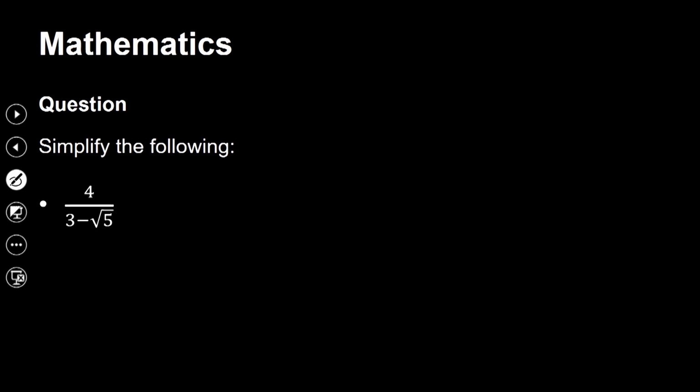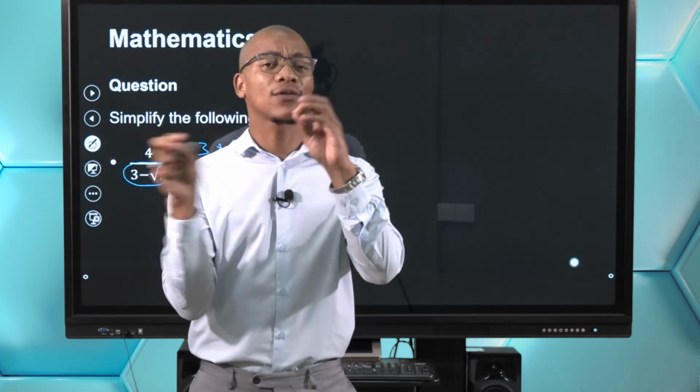And then another type of question that has to do with this, you need to rationalize the denominator as well. So we multiply by 3 plus the square root of 5 over 3 plus the square root of 5. So this is a special type of rationalizing because of the denominator here. Now, someone might ask, why are we using plus instead of the minus?